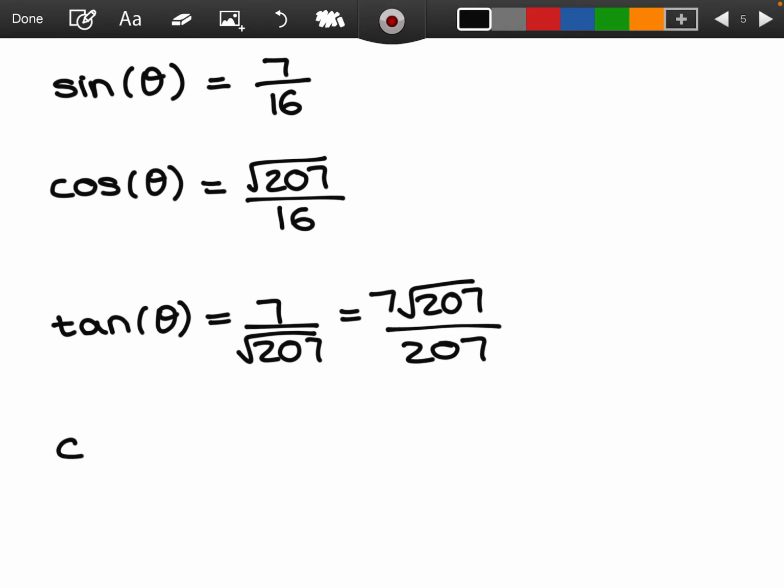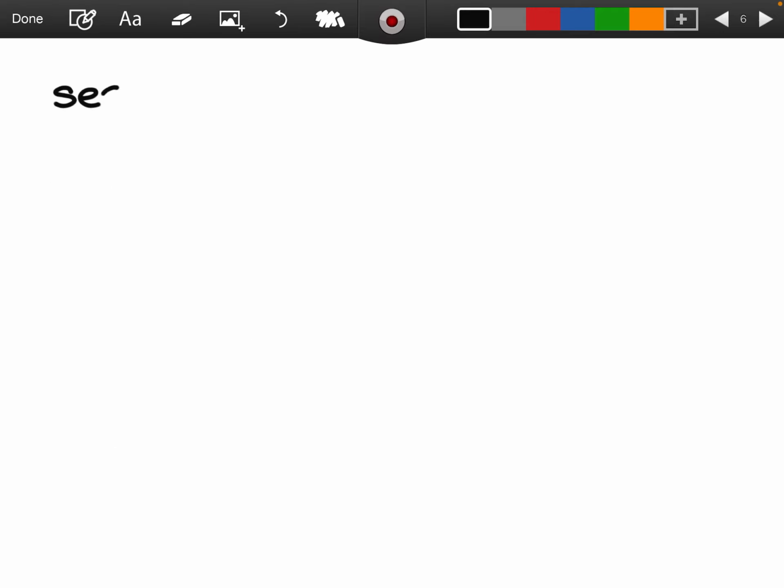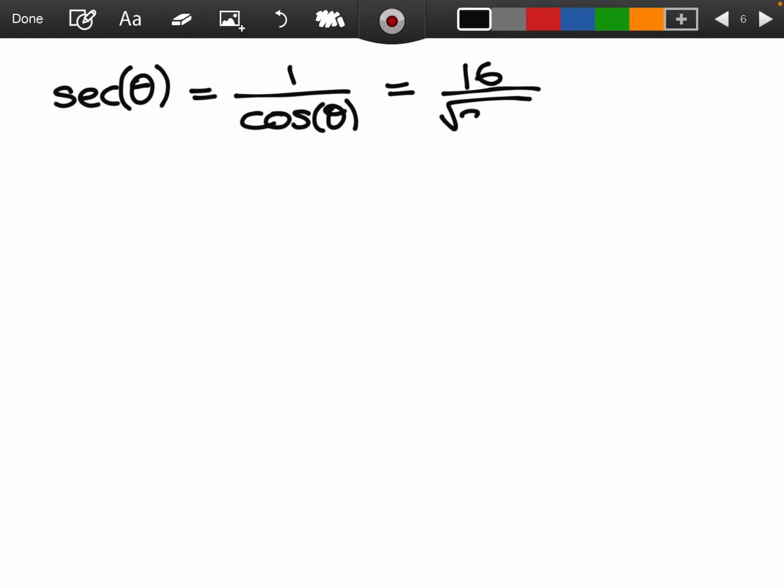Then we need to find cosecant, which is the reciprocal of sine. So it's 1 divided by what we got for sine theta, which means it's the reciprocal of the fraction that we found. So it's 16 over 7. Secant of theta is just 1 over cosine of theta, so it's going to be the reciprocal of that fraction.